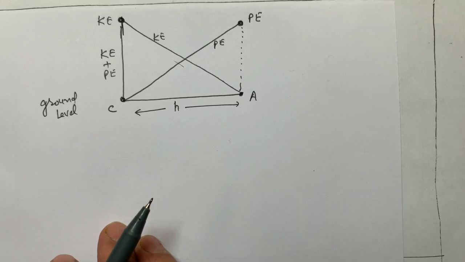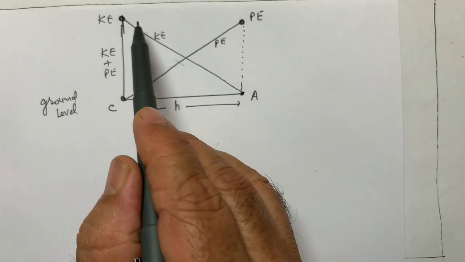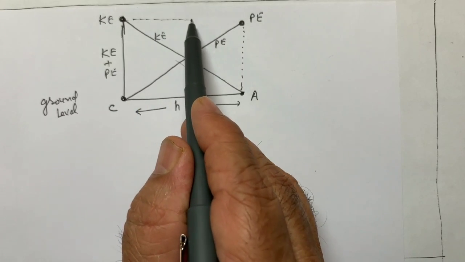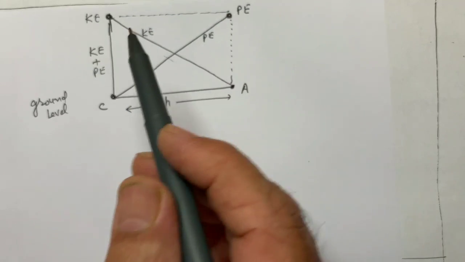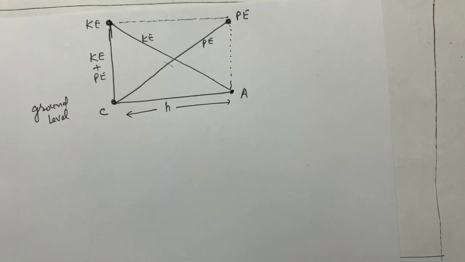So as the body falls, its kinetic energy increases and potential energy decreases, and vice versa. This is the graph between kinetic energy as well as potential energy.